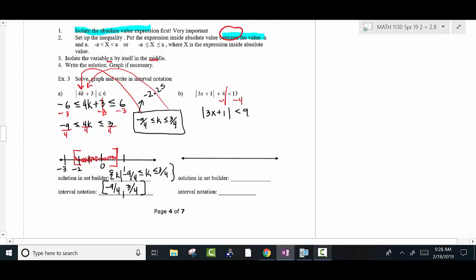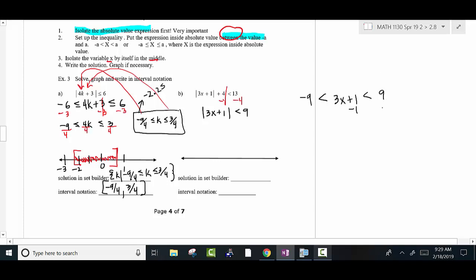Okay, then set it up. So the setup goes like this. You would just write down the 3x plus 1. And what are the two numbers you put it in the middle of to start with? Negative 9 and 9. Okay, so you start that way. It's always the number and the opposite. And then what you've got to do is get x by itself in the middle.